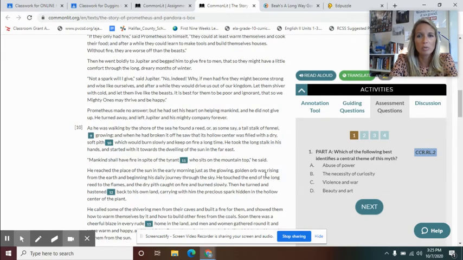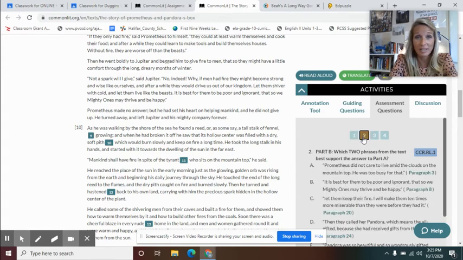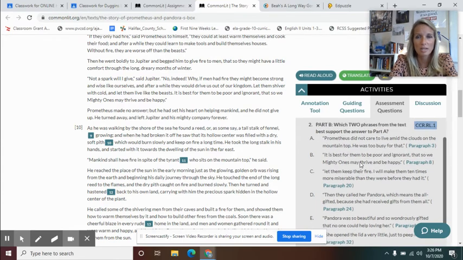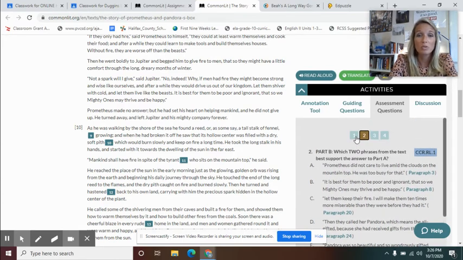Now, when you answer part A, if you get it right, then great. And if you don't, then what happens is on part B, it won't score part B for you if you got part A wrong. I've told you this before in a different Commonlit, but in case you didn't see that one, if you don't pick the right central idea for this myth, then when you pick which two phrases support part A, it won't score it.